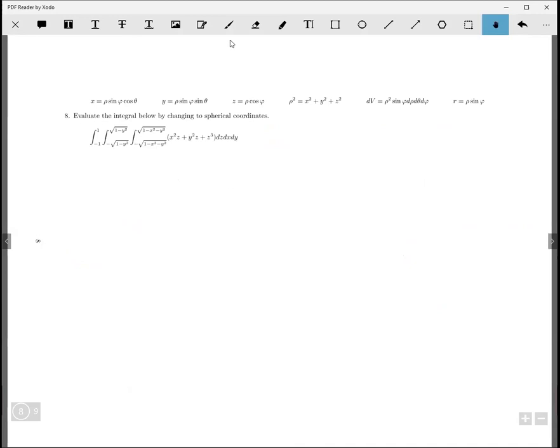Okay, let's move on to the last problem for this section. Here we're given an integral, and we're supposed to change it to spherical coordinates, because if you integrate this, it's going to be really messed up. So the first thing that you might recognize is this right here.